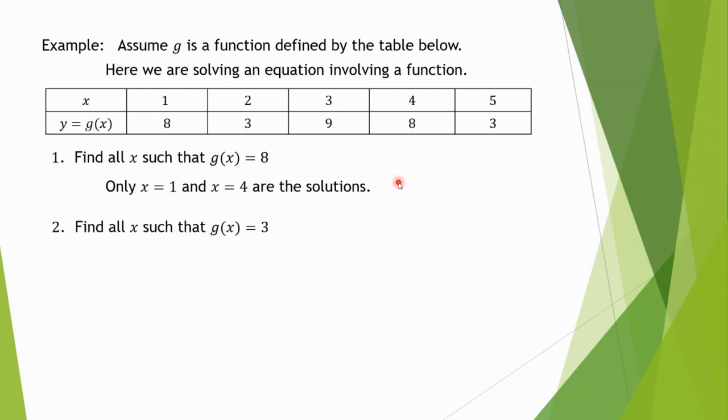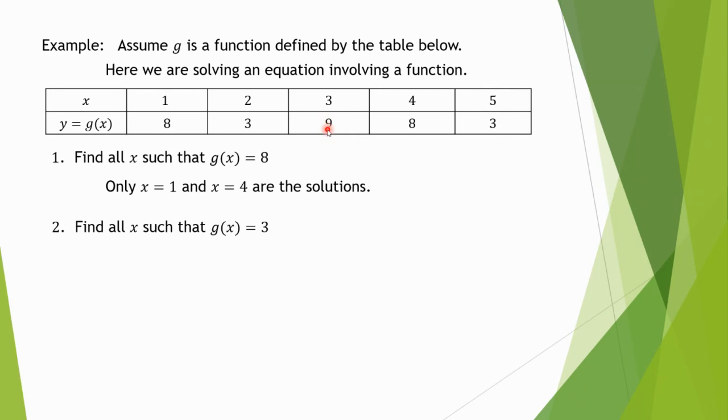What about this one? We want all x so that g of x is 3. Okay, well, looking at the table, when is g of x equal to 3? Ah, here it is. So we have 2 as one value. Now, is there anything else? Not here. Remember, x is 3. We want to know when x is such that g of x is 3.